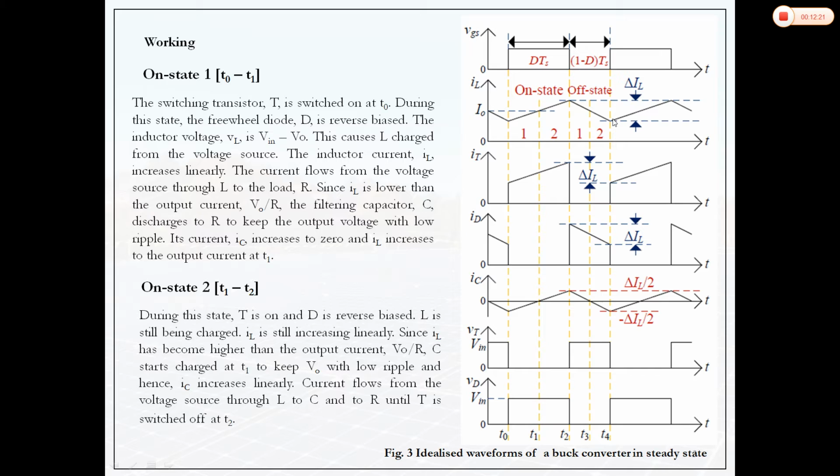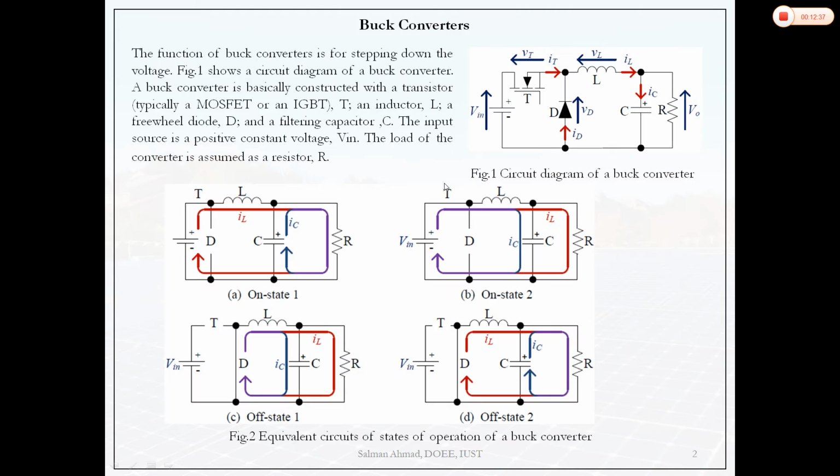The difference from minimum value to maximum value is called the ripple in the inductor current. We represent that by delta IL. If you want to plot the current through the MOSFET switch, you can see from the figure that this MOSFET current is nothing but IL during on time, because this diode is off.